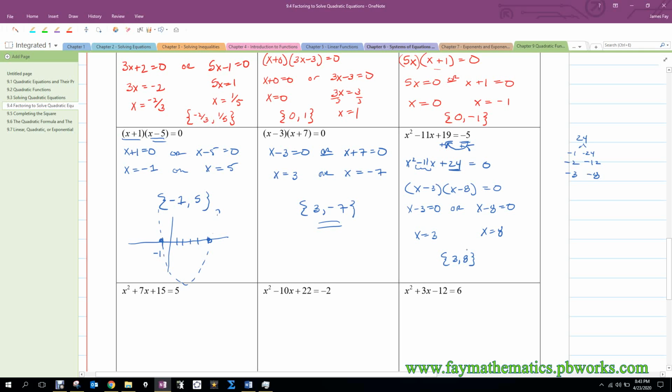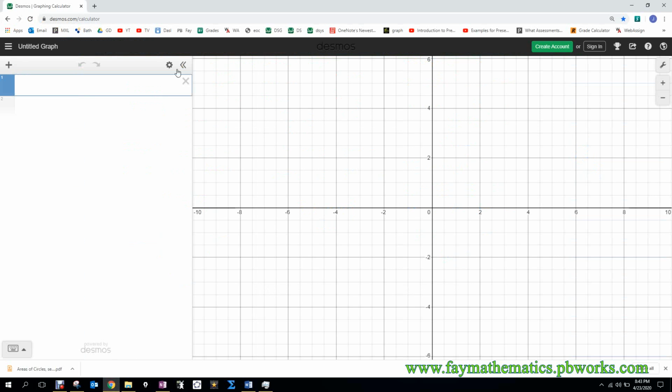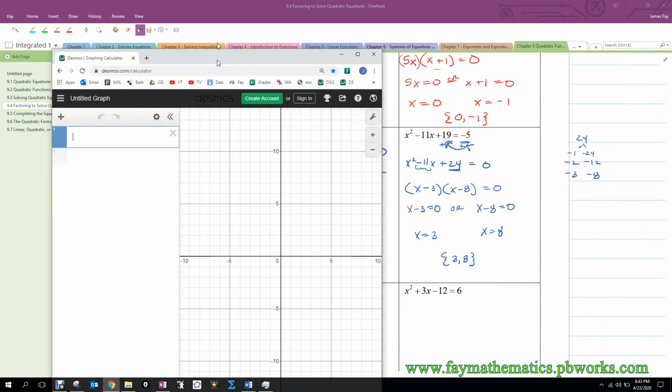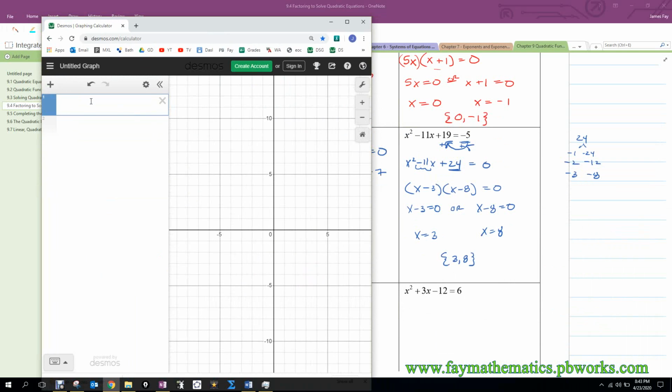And I just want to go and look at this real quick in Desmos. Now, obviously, I'm not going to use the x. I'll use a different letter, use a. So let's say a squared minus 11a plus 19. So what I'm going to do here is say a, I want it to be 3.